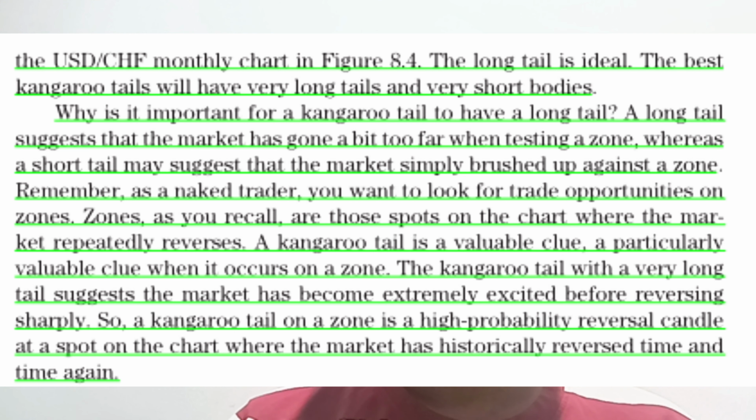A kangaroo tail with a very long tail suggests that the market has become extremely excited before reversing sharply. So the kangaroo tail on the zone is a high probability reversal candlestick at a spot on the market where the market has historically reversed time and time again.